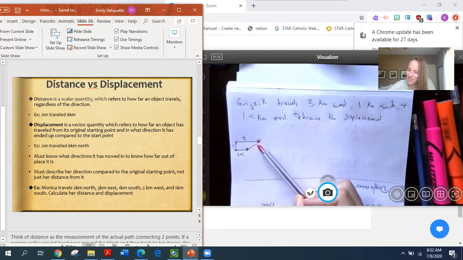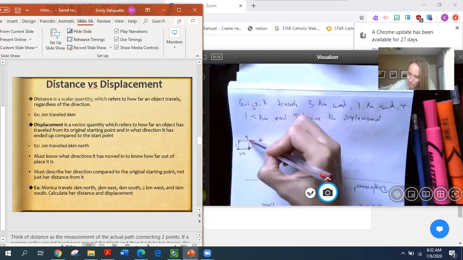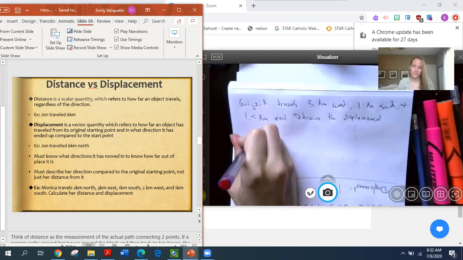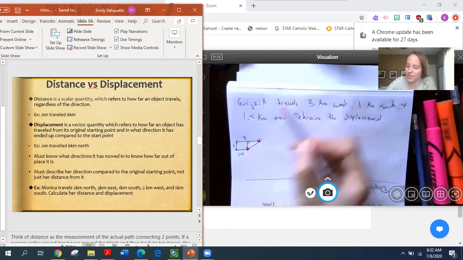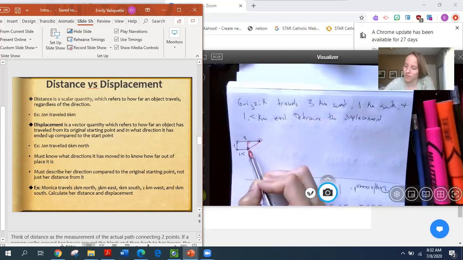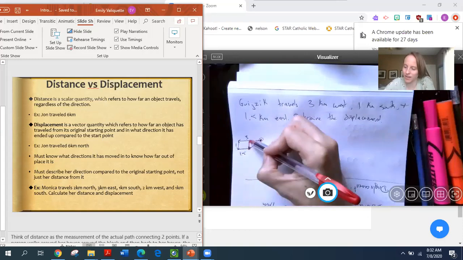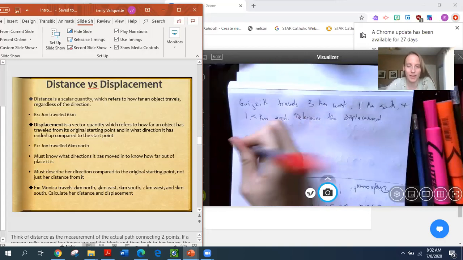So to do this, we create a right triangle, like so. That is a right triangle there. I then figure out what the two sides of my right triangle are other than the hypotenuse. So this side right here is obviously the same distance as that 1 kilometer, so that is a 1.